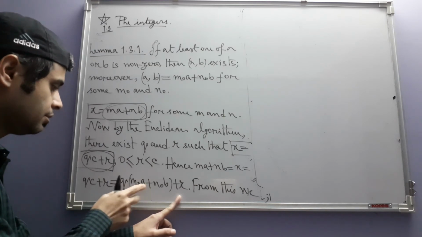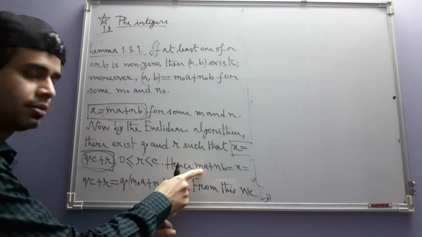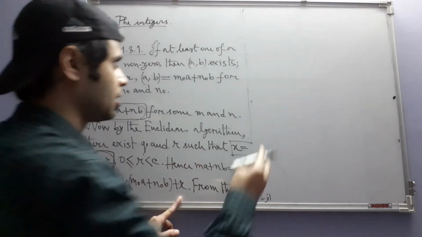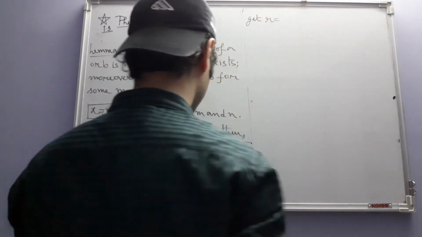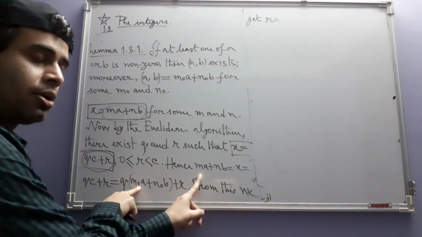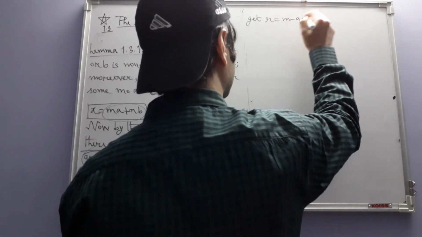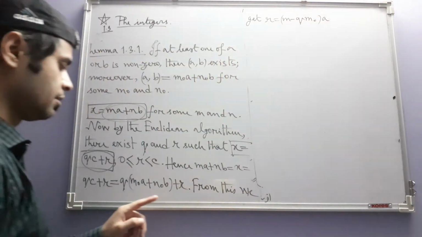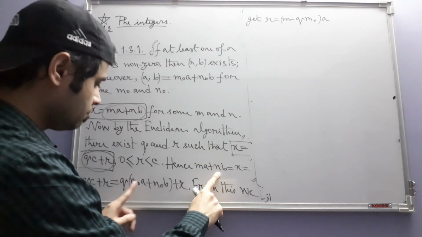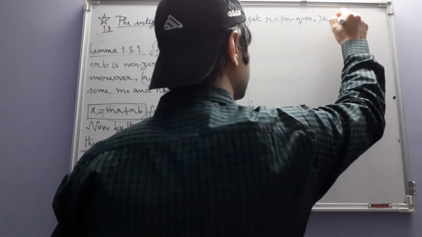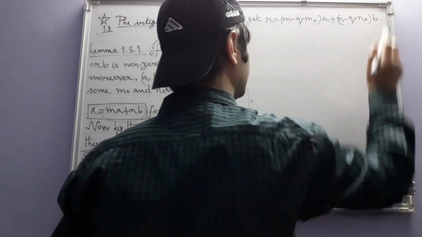If I carefully look at them, I have A, I also have B. So R will be equal to M A minus Q M naught A, so that means M minus Q M naught times A, just like that, plus N B minus Q N naught B, so plus N minus Q N naught times B.